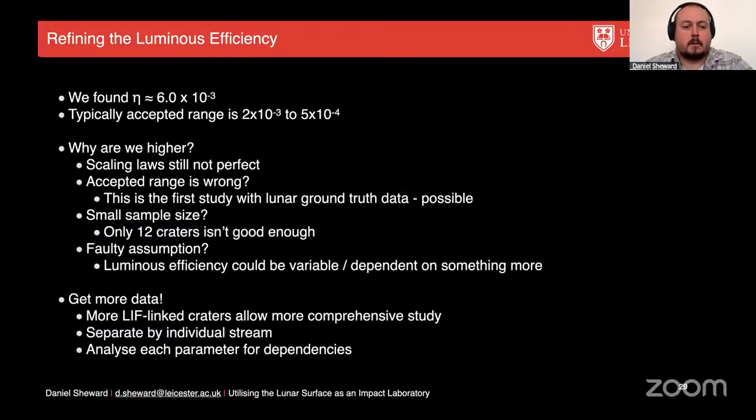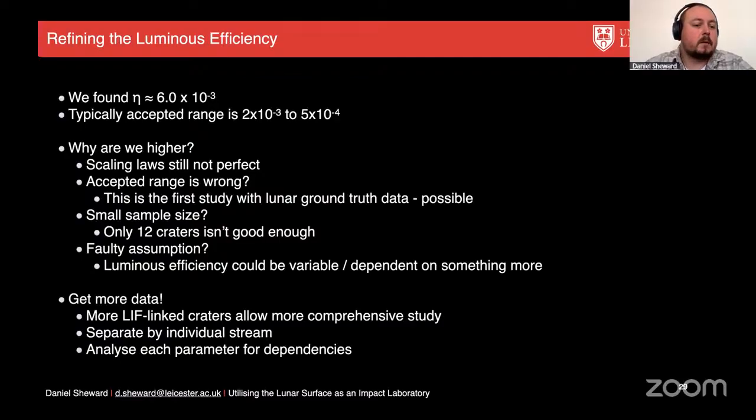So perhaps there's a new scaling law that we can make, based on the ground truth data that we've seen. Or maybe the accepted range is simply wrong. This is the first study that's been done with ground truth data, so it's possible. But it's also possible that we simply didn't have a big enough sample size.